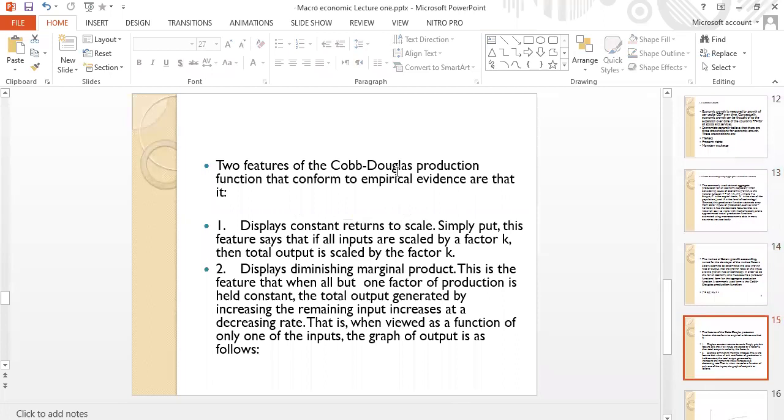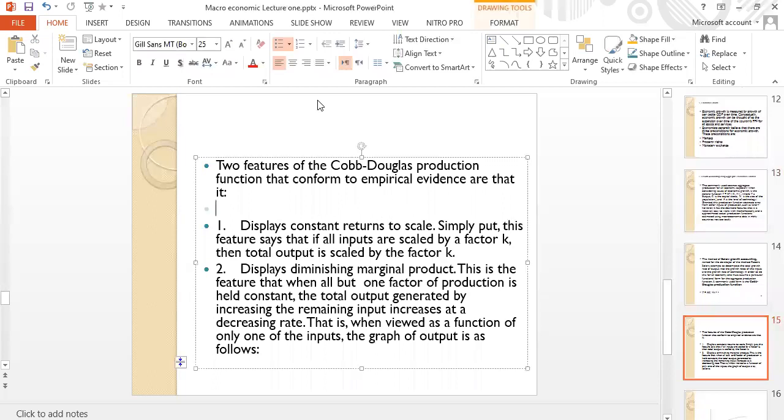Two features of the Cobb-Douglas production function: it displays constant returns to scale.